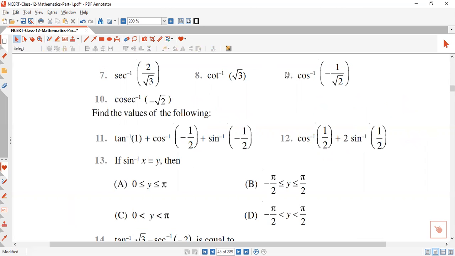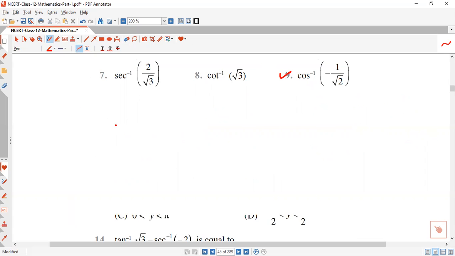Question number 9. Cos inverse minus 1 upon root 2. I would like to find out the principal value of this inverse trigonometric function. Easy, we can use the formula. This minus sign is there. Since you know the formula, cos inverse minus x equals pi minus cos inverse x.